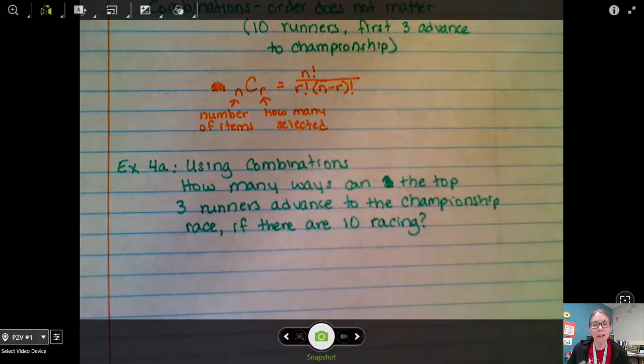Okay. So again, order doesn't matter here. It doesn't matter what order these runners finish. We just know the top 3 are going to advance.